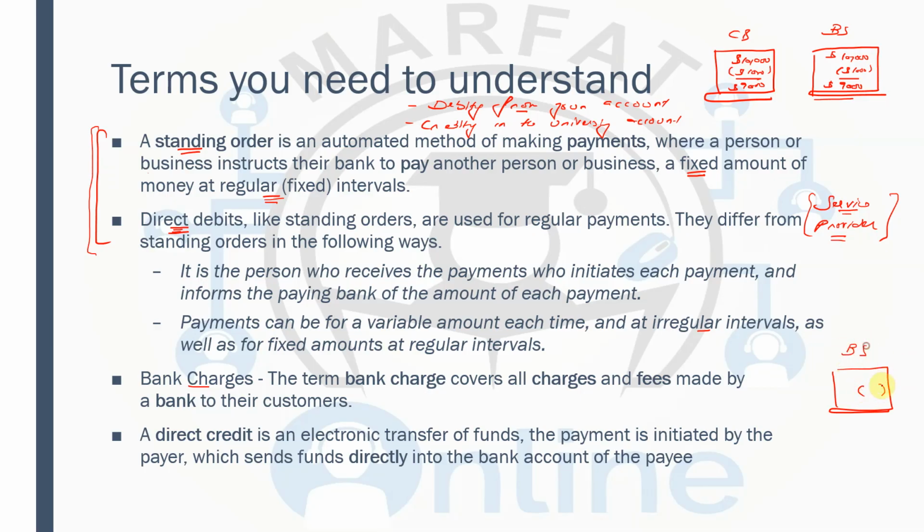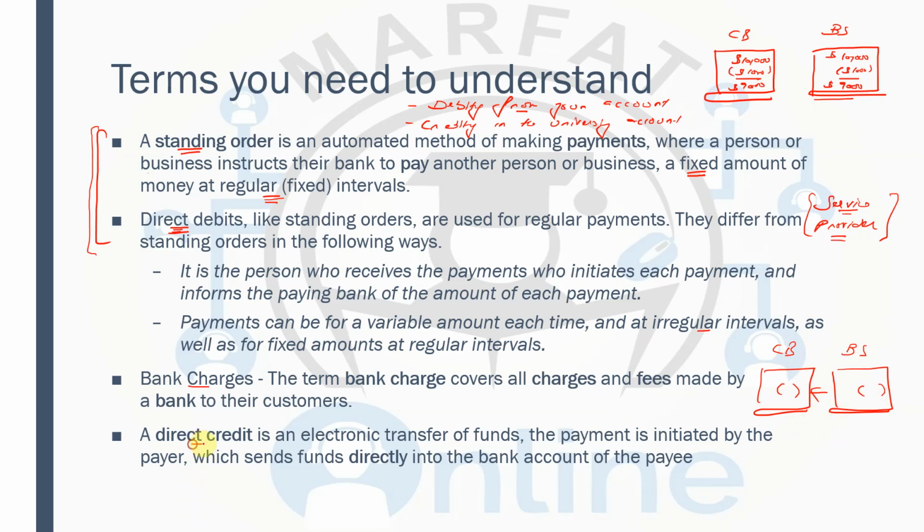So the bank statement will reflect that payment, but I have not adjusted that payment yet within my cash book. When I realize by looking at the bank statement that the bank has deducted the payment, I will deduct it from my cash book as well, and then it will be reconciled.